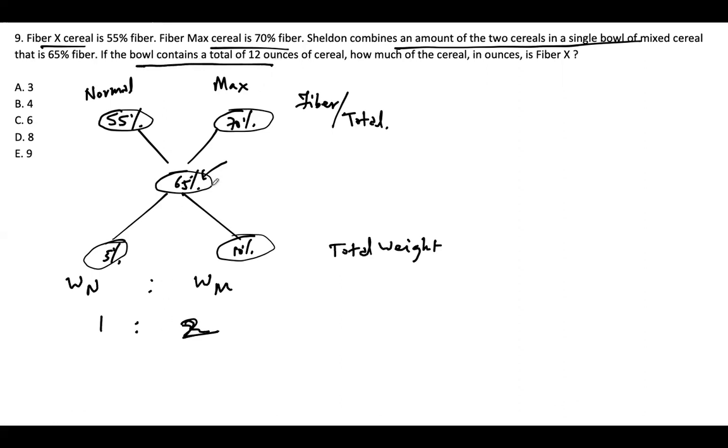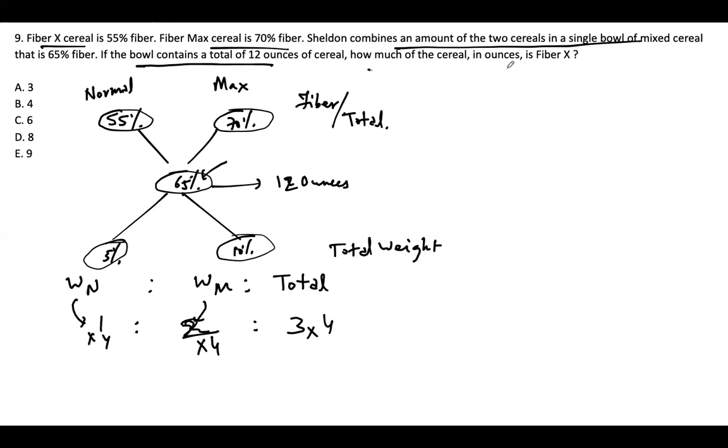If the bowl contains a total of 12 ounces, the total is 12. So normal is 1, maximum is 2. So ratio wise, what is the total? 3. How will you make 3 as 12? Multiplied by 4.